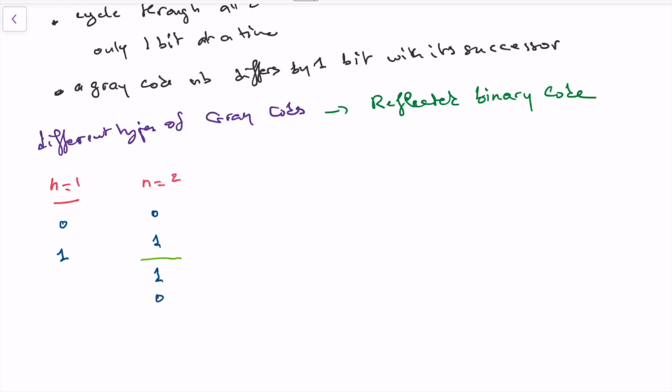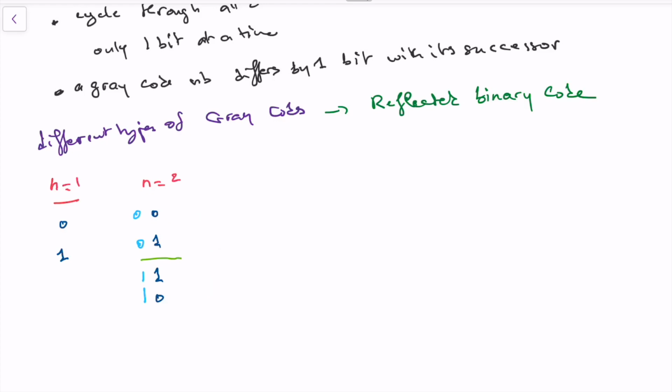For the first part we put 0 in front of it, and for the second part we put 1 in front of it, and so we get the 2 to the power of 2 combinations, which are 0 0, 0 1, 1 1, and 1 0. You can see 0 0 differs by 1 bit from 0 1, 0 1 differs by 1 bit from 1 1, and 1 1 differs by 1 bit from 1 0. And you can see it's even cyclic, because 1 0 differs by 1 bit from 0 0, right?